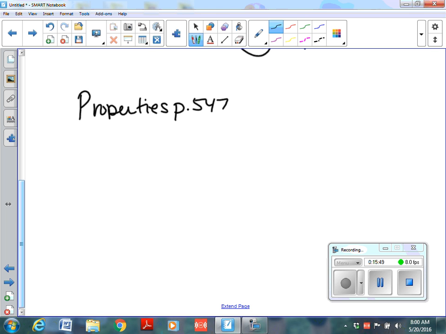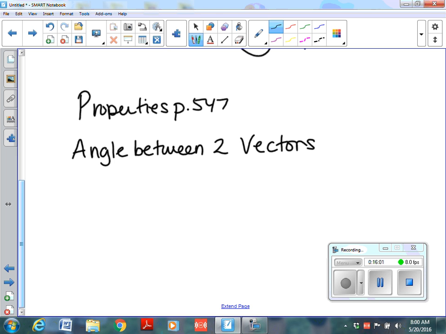A couple more things. How do you find an angle between two vectors? For example, let's say this is vector A, and let's say this is vector B, and you're trying to find the angle between these two vectors.